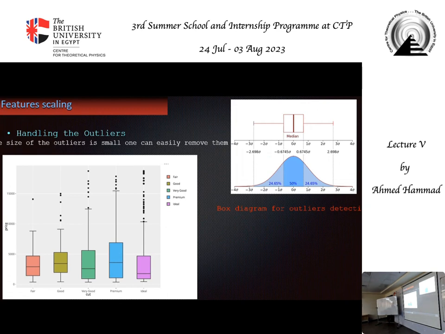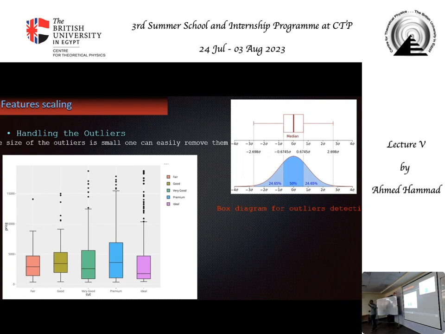Very similar to scaling them down. Throwing them away is true, but only if they are small in number. If they are large and you throw them away, then you lose more information about most of your data. So one way is to scale them, so we can scale them down.